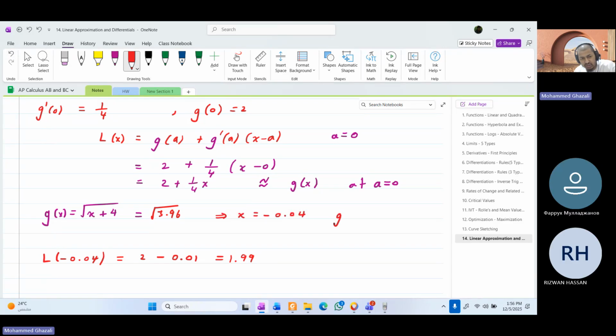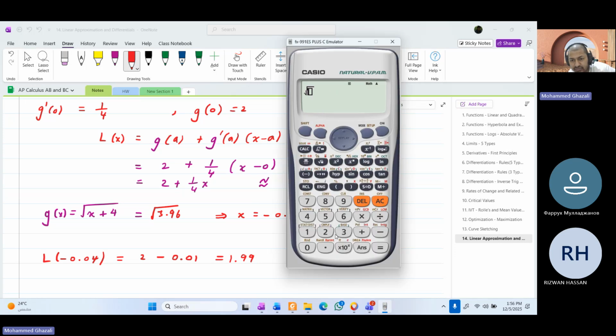So we can say g of negative 0.04 is the same thing as saying square root of 3.96. Let's work it out. Square root of 3.96. I'm getting an answer of 1.98997. You see, it's all so close.